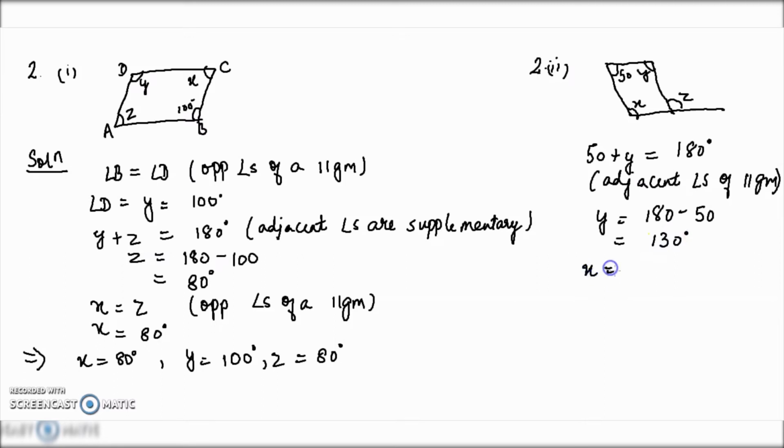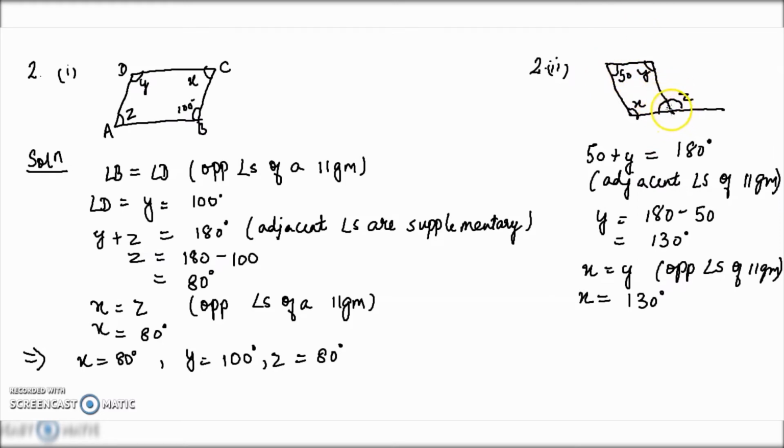Now X and Y are equal as they are opposite angles of a parallelogram. So X is also 130 degrees. Now how can you find Z? We can find this angle first. This is equal to 50 because they are opposite angles.